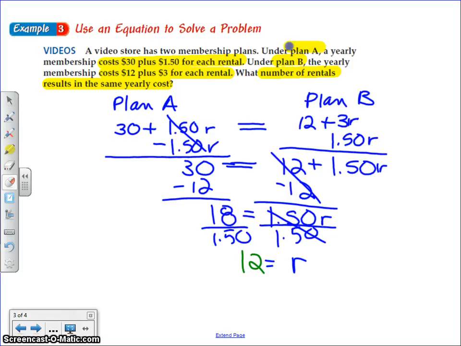And then if I went 12 movies under Plan A, it would equal the same cost as under Plan B. That would be your sentence. 12 movies is the number of rentals that would result in the same yearly cost. Don't forget about writing sentences for your answers.